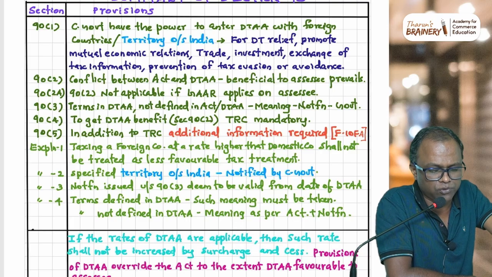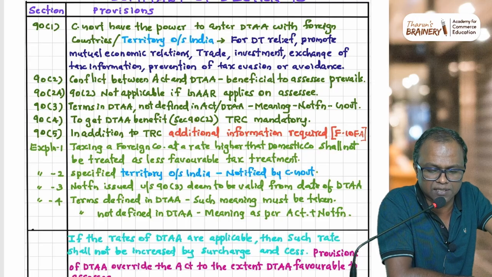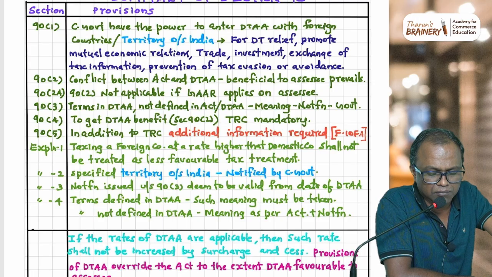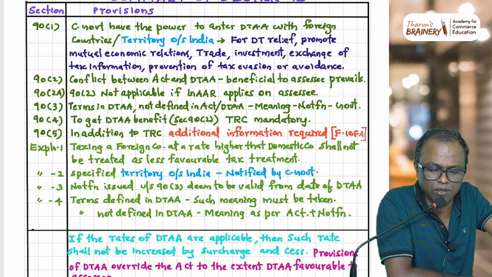And 90 subsection 4 says that to get the DTA benefit, that is the 90 subsection 2 benefit, to get that favorable position, TRC is mandatory, the tax residency certificate is mandatory. But if the TRC does not contain a lot of relevant information, then you have to give additional information in the form of Form 10FA, which should also be filed.